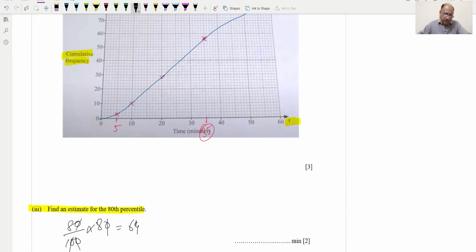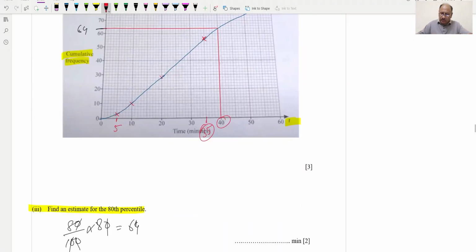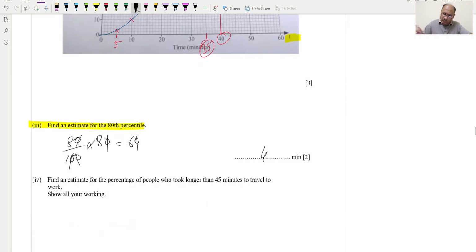So we will check the value for 64, and 64 is this mark, and we can take the reference for 64, and if we check the reference for 64, we can check from here it is 40. So our answer for 64 will be 40 minutes.